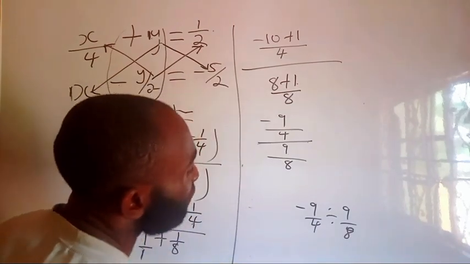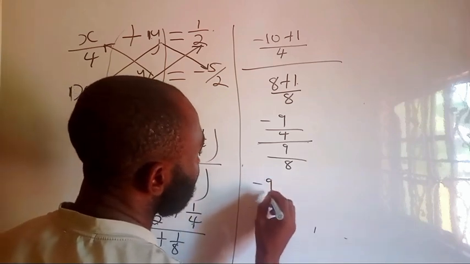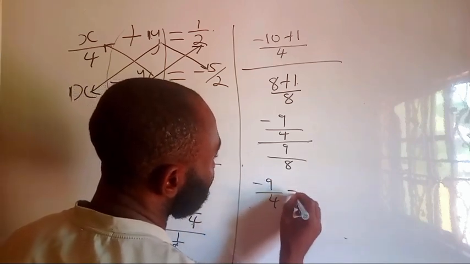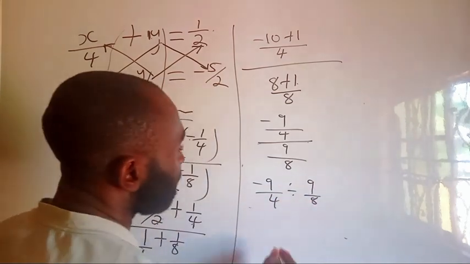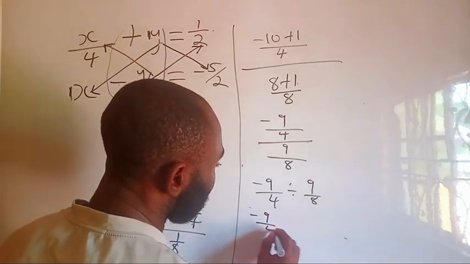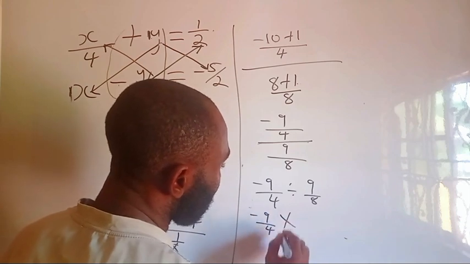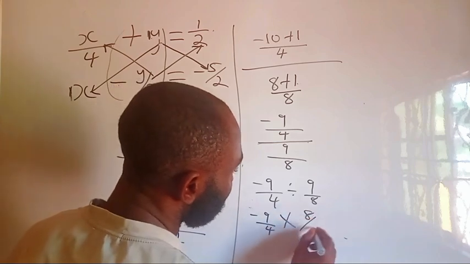So now in fractions, when you have this all over 4 dividing 9 all over 8, we do what we call reciprocation. Let's do the same thing here. Minus 9 all over 4 dividing 9 all over 8 means we take the reciprocal. Minus 9 all over 4, we multiply by 8 all over 9.